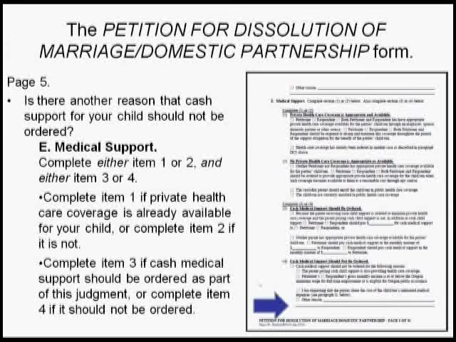Complete item 1 if private health care coverage is already available for your child, or complete item 2 if it is not. Complete item 3 if cash medical support should be ordered as part of this judgment, or complete item 4 if it should not be ordered.